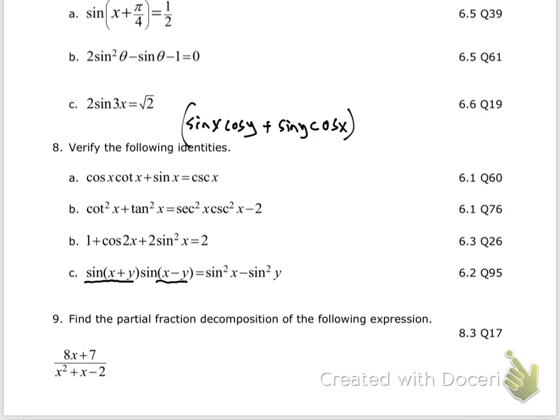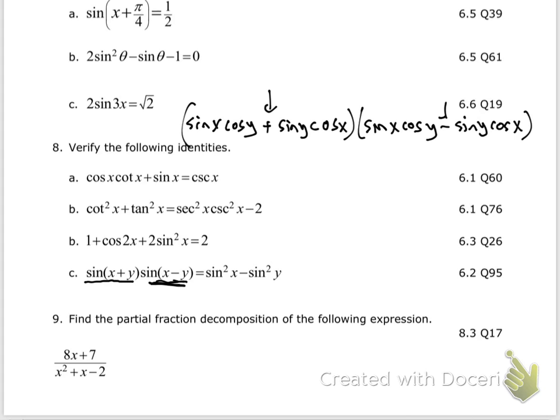That's that. Multiplied by this one. The rule for this is very similar. Sine x cosine y, but minus sine y cosine x. The only difference in those two is just the sign right there in the middle.